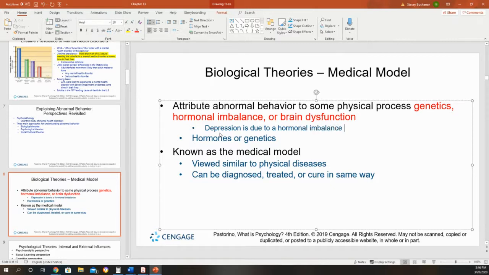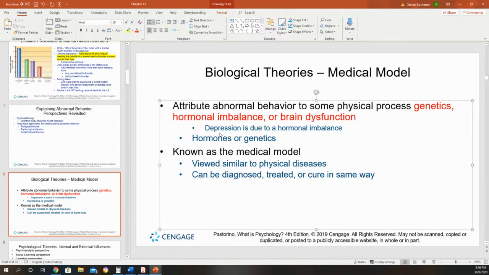So they almost view it like a broken leg. If it's due to a physical process, the way you would treat it is by surgery or medication, like a broken leg. You break your leg, you treat it by getting it in a cast.